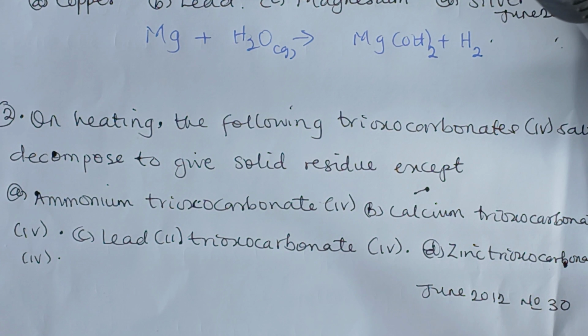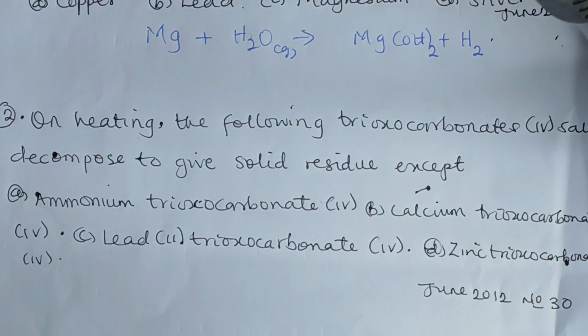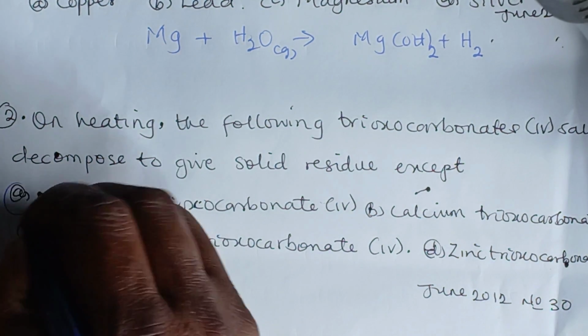But there are some trioxocarbonates that do not decompose, and they are the trioxocarbonates of sodium, potassium, and ammonium. So the word except here means all those decompose except one, which is ammonium trioxocarbonate.